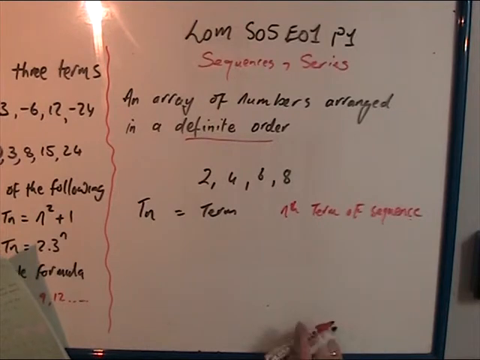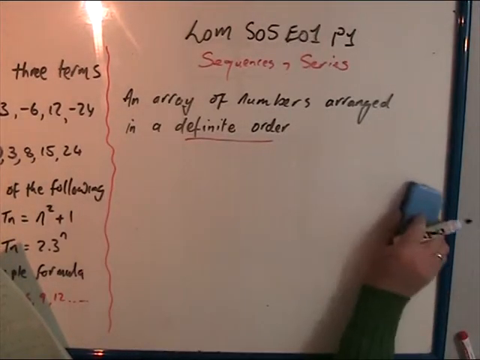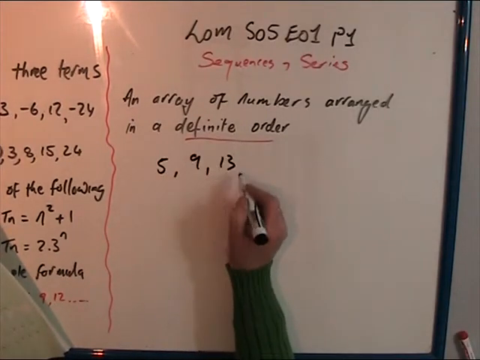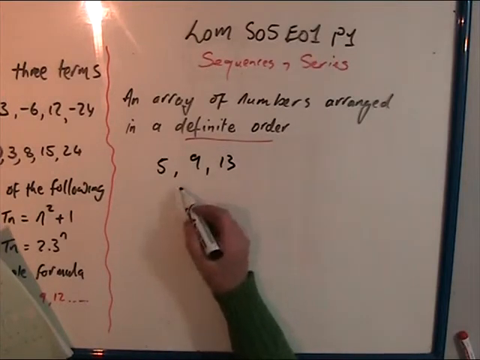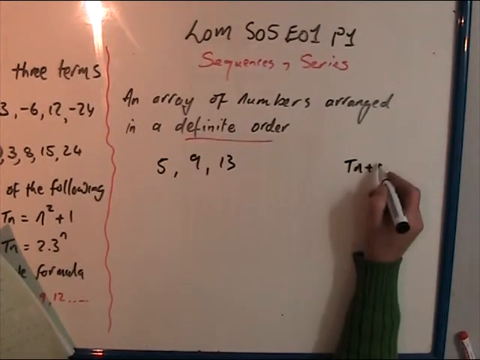Now, what else is there? Let's write down another selection of terms. So here we go: 5, 9, 13, and it says write down the next 3 terms. What's the formula here? It's the previous term plus 4.